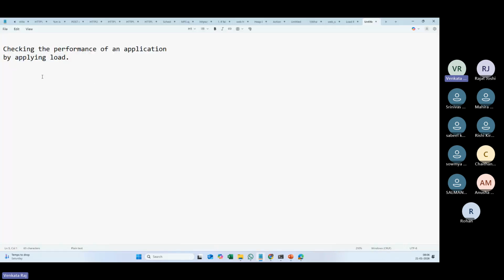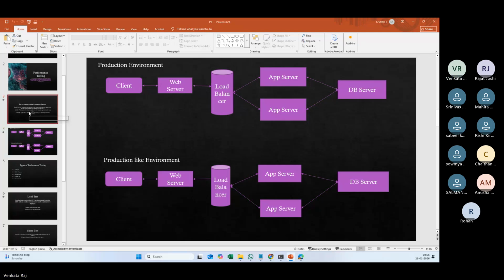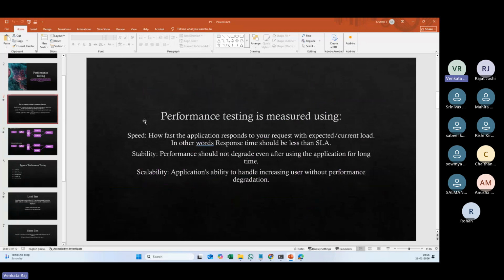According to the simple definition that we learned yesterday, performance testing is all about checking the performance of an application by applying some load. Apart from this, one important point to remember is that performance is generally measured using speed, stability, and scalability.